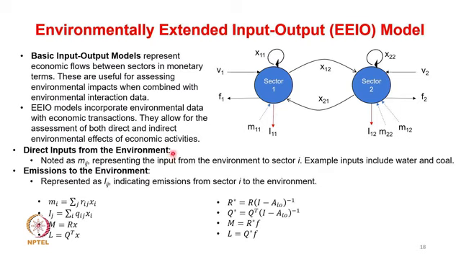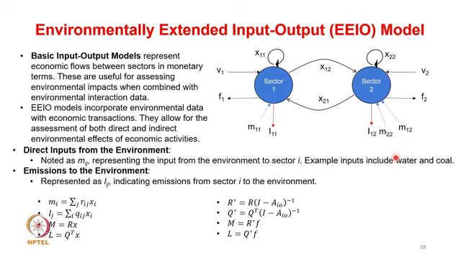So what we do, the direct inputs from the environment, you call them M_ij, which we show with these dashed arrows. These represent the input from the environment to the sector. These are all going inside, you see, to a sector. For example, these could be water, coal, maybe air, and so on and so forth.